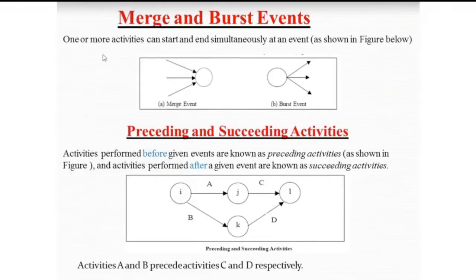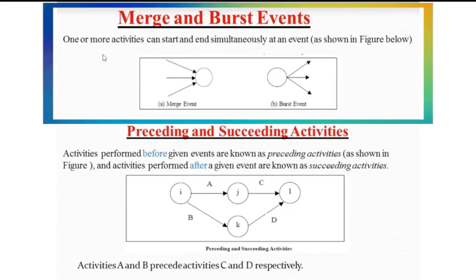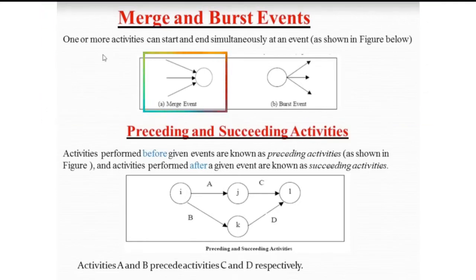Now, there is also an instance where there are one or more activities before an event will start, and you call this a merge event, as shown here in the rectangular box, letter A. So you have here three arrows. It means that there are three activities before the event will start.